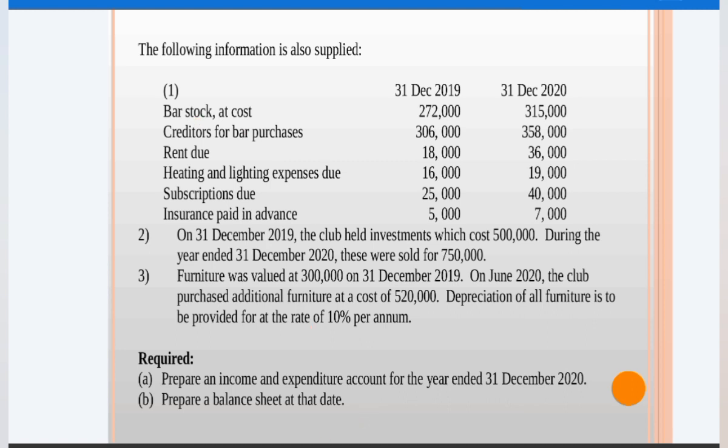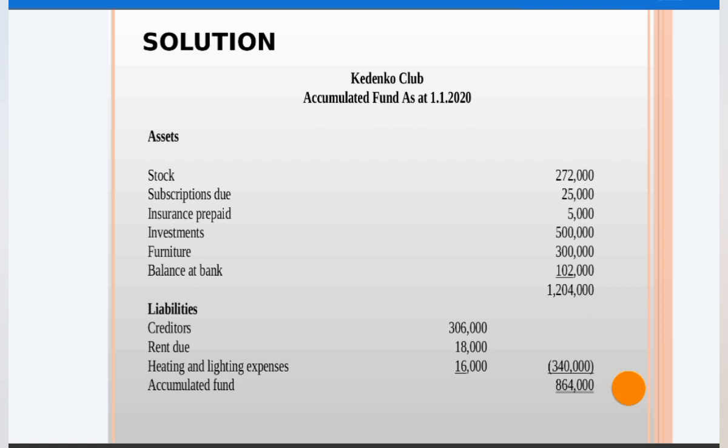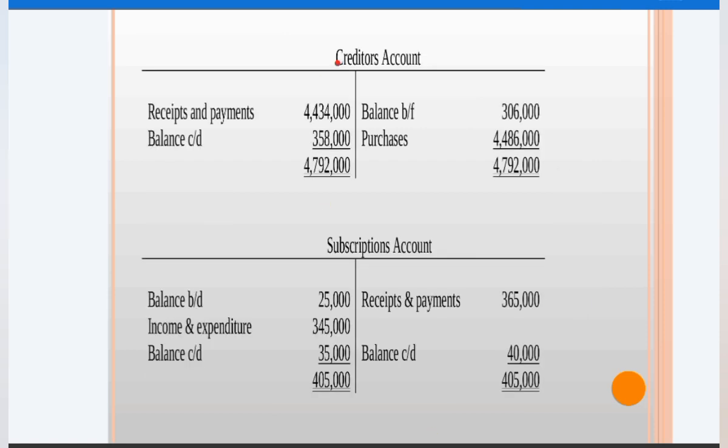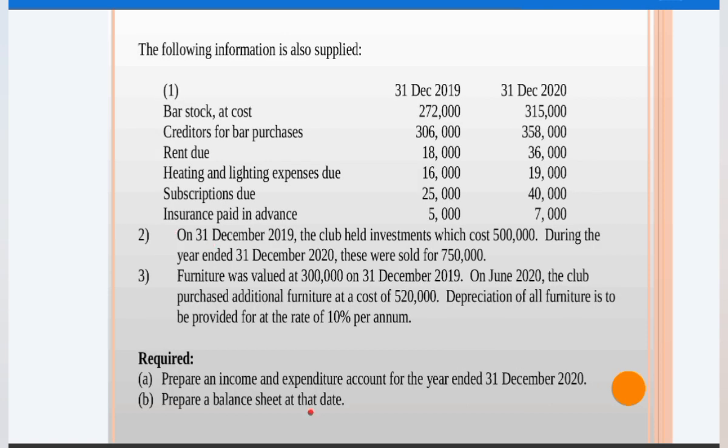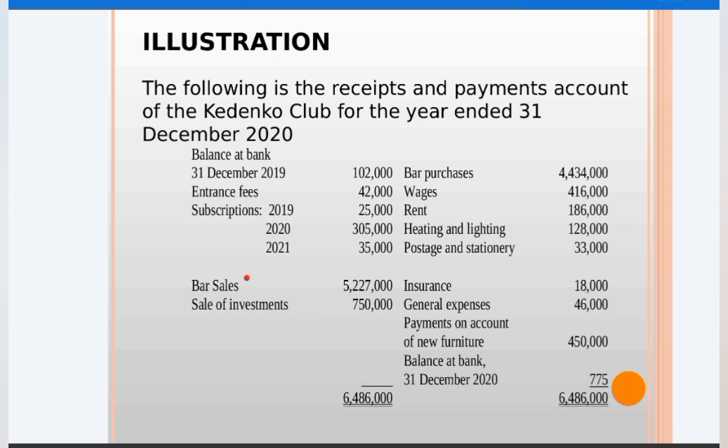The first one are the creditors. So we have to maintain the creditors control account. The purpose of the creditors control account is to determine the total amount of purchases that were done. And then we have this item of subscriptions.